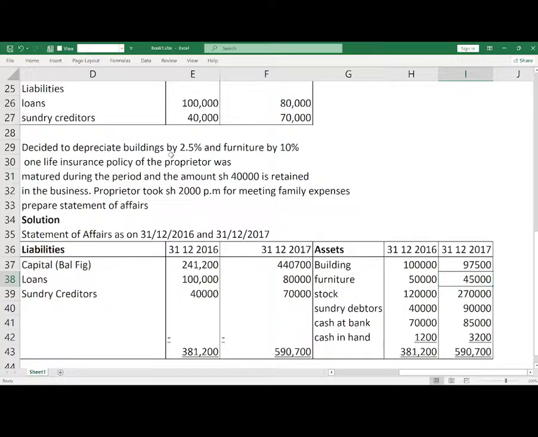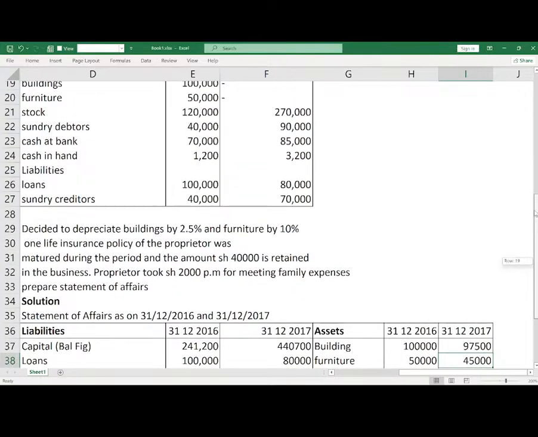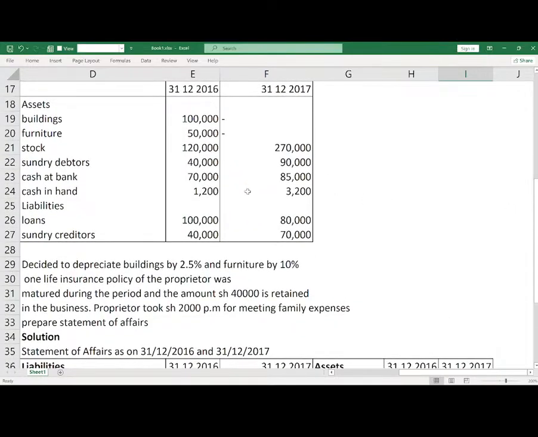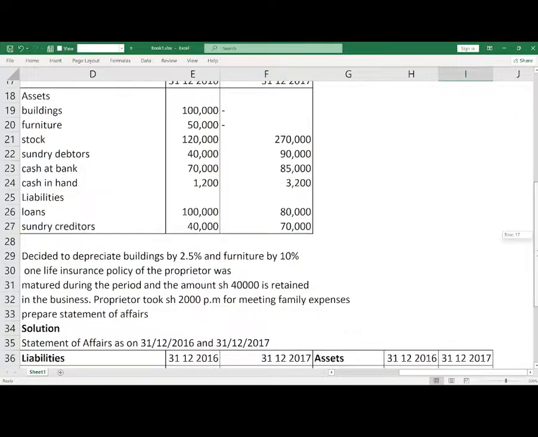For the furniture, you subtract so that we get the amount for the following year. Then the stocks, sundry debtors, cash in bank and cash in hand, that we have been given for both the years. So you indicate it as it is for the year.